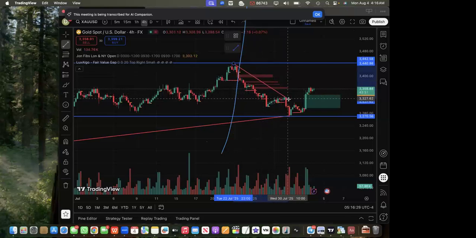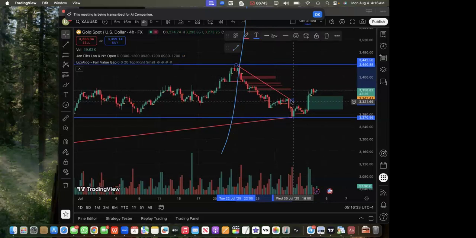So now we'll see that the market is sort of, this is where we are. And that's why it's important for you to do a top-down analysis, because the market changes very frequently.